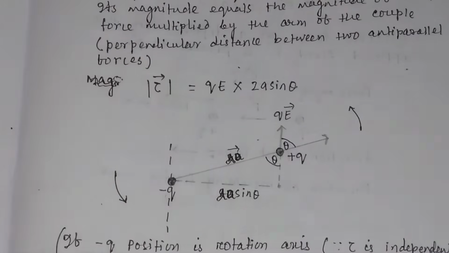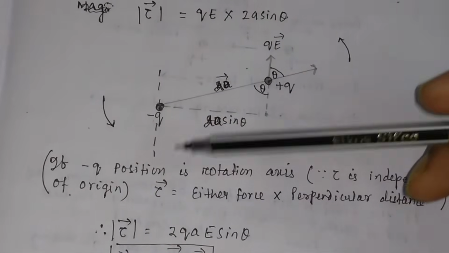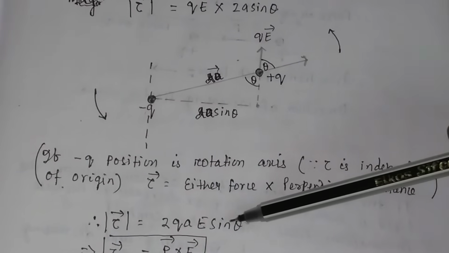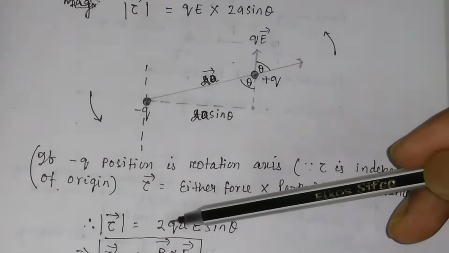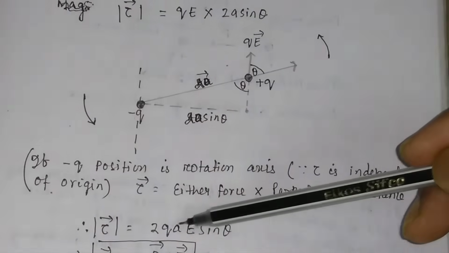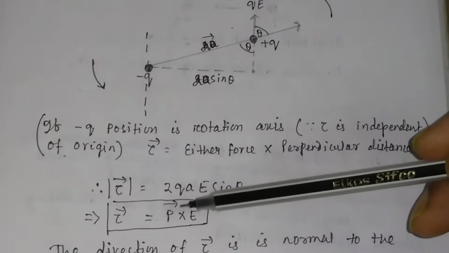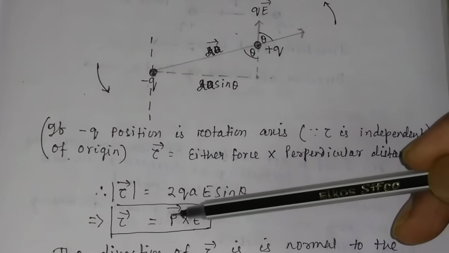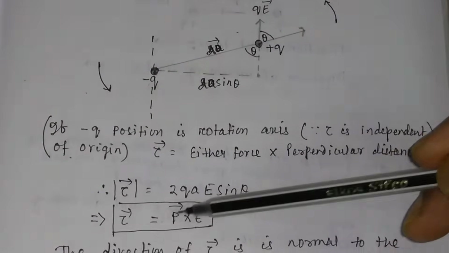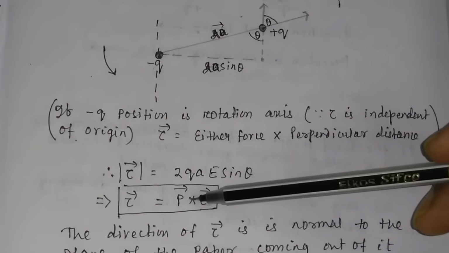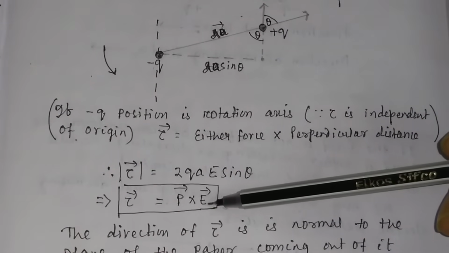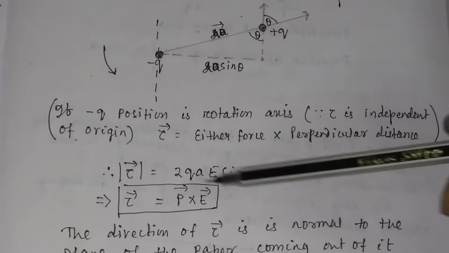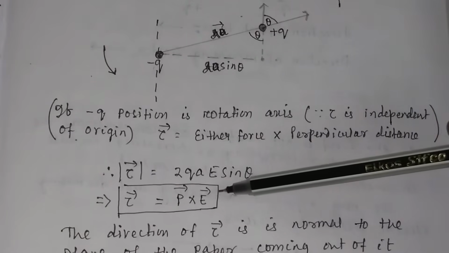Is it not? So the magnitude of tau will be equal to 2qA into E sin theta. And we know q into 2A, the charge and the dipole length, is equal to the dipole moment vector p. So tau will be equal to the cross product of the dipole moment vector with the electric field. Okay, tau equal to p cross E.